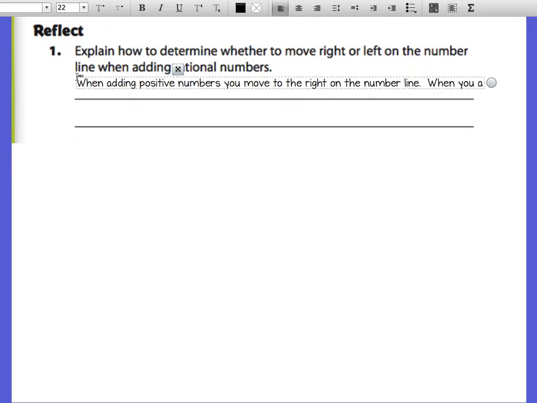When you add a negative number, you move left on the number line.